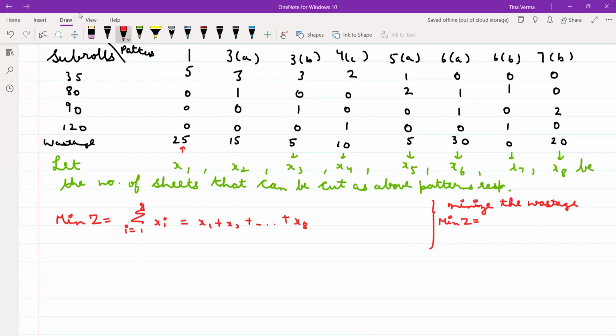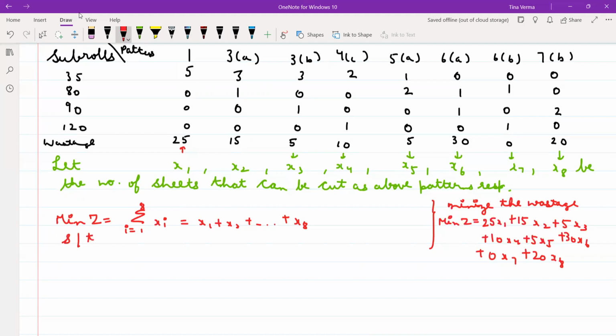That can be the cut in pattern 1. So from X1 sheets, how much wastage will there be? 25X1. So in that case, your objective function will become 25X1 plus 15X2 plus 5X3 plus 10X4 plus 5X5 plus 30X6 plus 0X7 plus 20X8, right? The same problem can come, but here it is given that you have to minimize the wastage for cutting your rolls into sub rolls. Clear?